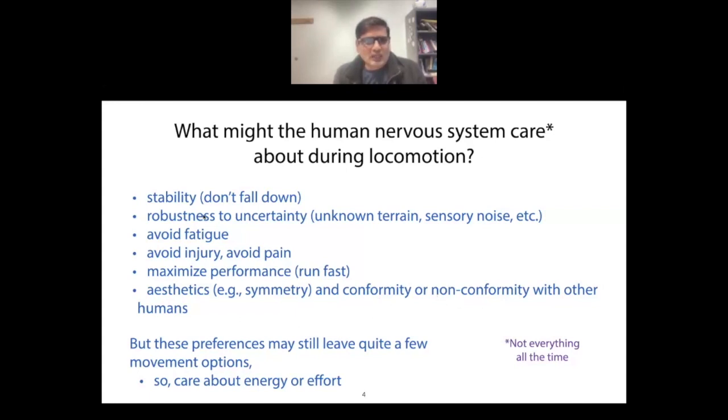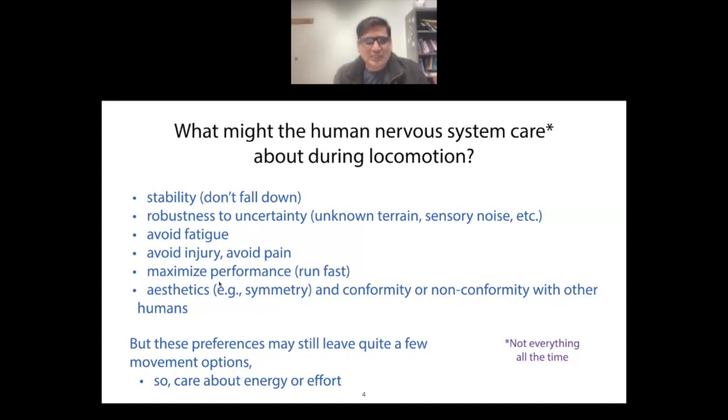Despite having all these different objectives, potentially, some of these may be more important than other things, and depending on the particular situation, the application, we don't care about everything all the time. But despite optimizing, say, for stability, not falling down, and robustness to uncertainty, there are typically still infinitely many ways to move while not falling down and being robust to uncertainty and avoiding fatigue, injury, and pain, and things like that.